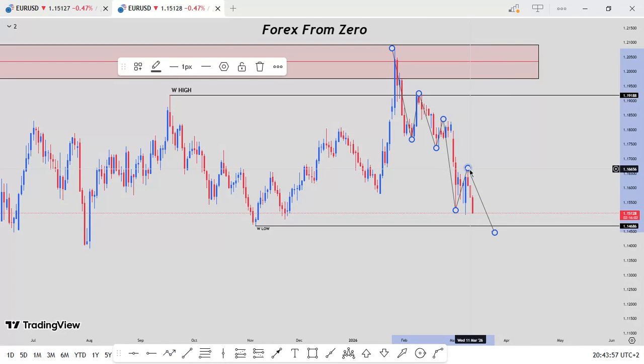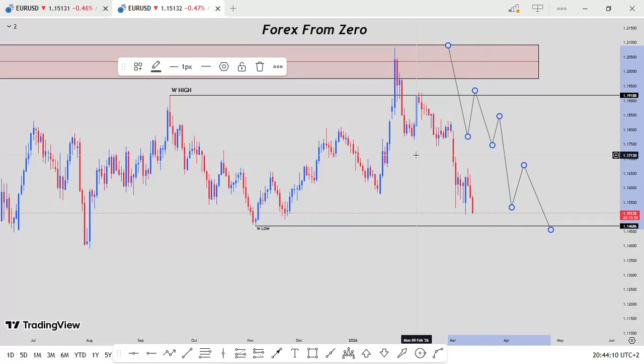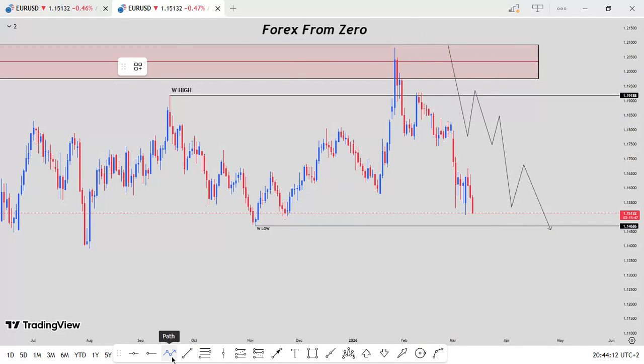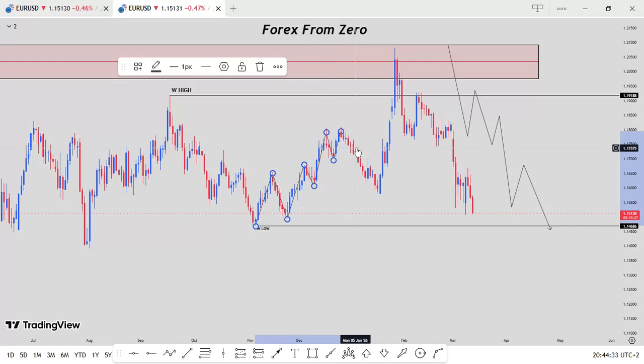So what is the direction of the market? Looking at the daily time frame, the market is bearish because we're making lower lows and lower highs like this. And just to put a picture of how a bullish market looks, it will be making a higher low, higher high, higher low, higher high, something like this.